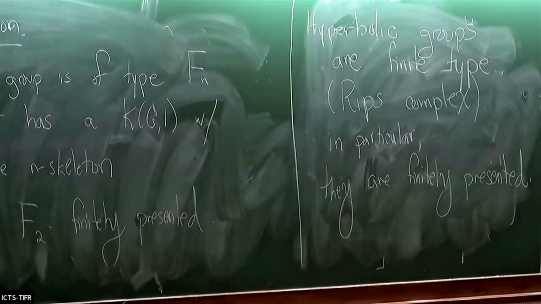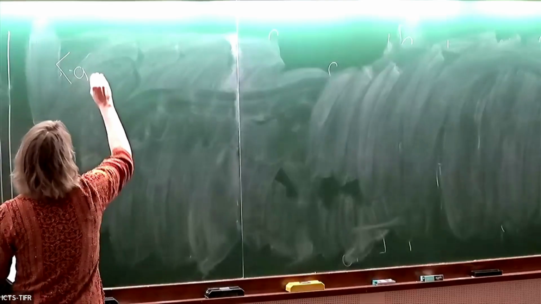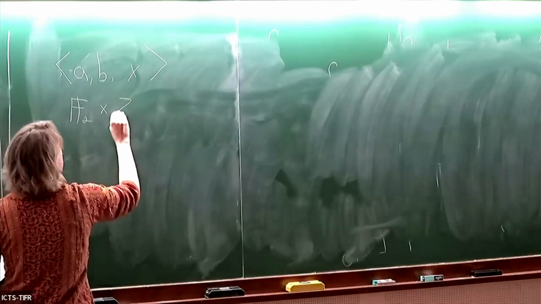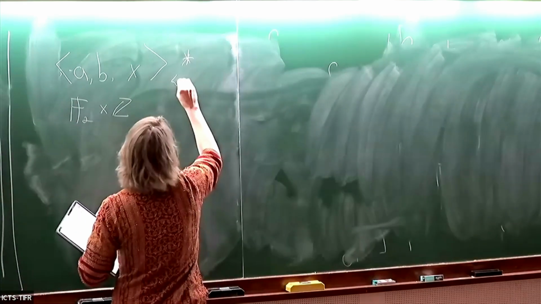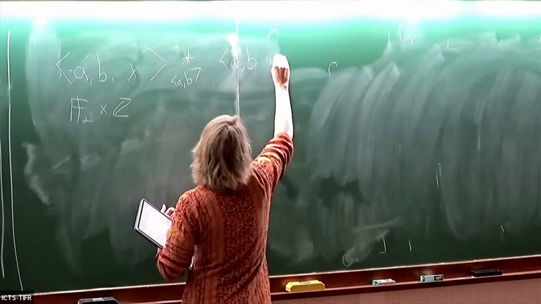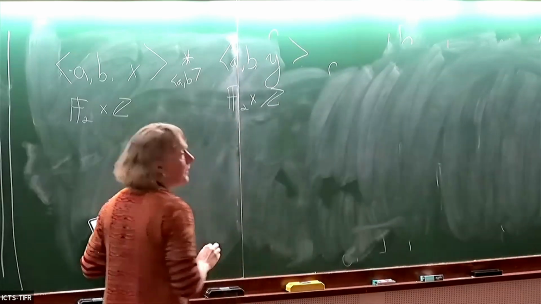Okay, so this isn't a hyperbolic example, but I want to give it because there's a hyperbolic example that's like it. So I have ABX, which I'll just write as F2 times Z. I won't write all the relations.